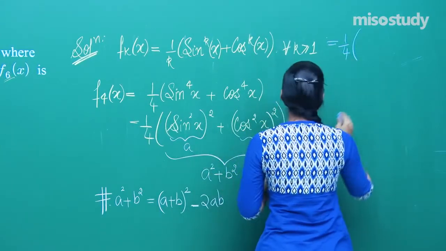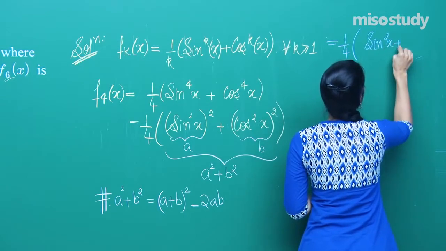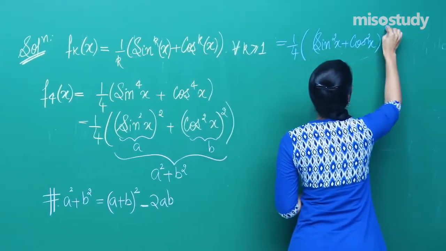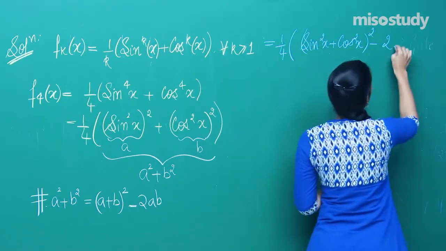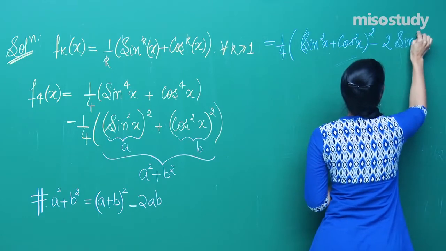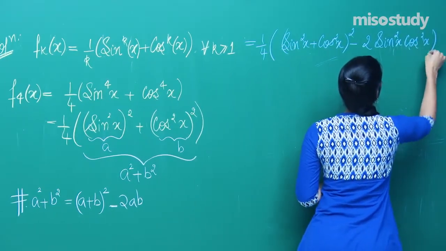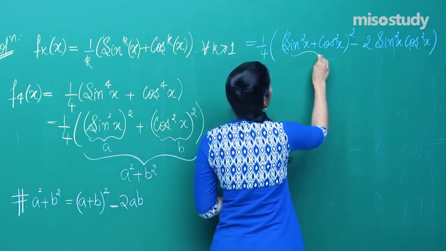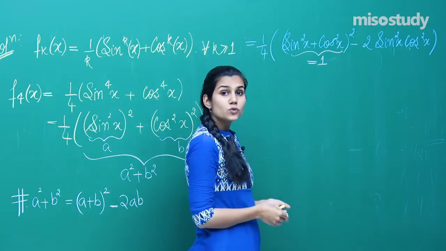(A plus B) whole square minus twice of A into B, which is sine square x cos square x. All of you know that sine square x plus cos square x is equal to 1. And 1 square is 1 only.